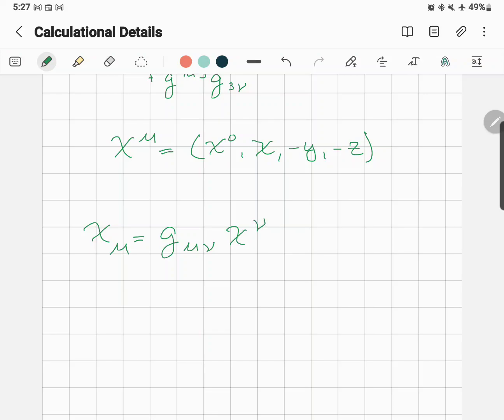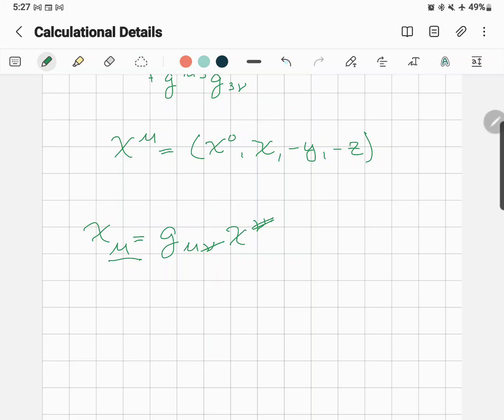So this mu here is the result of the contraction of nu and nu, the upper nu and the lower nu. You can only contract an upper and a lower. Both upper does not contract.